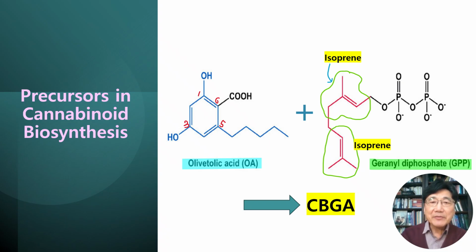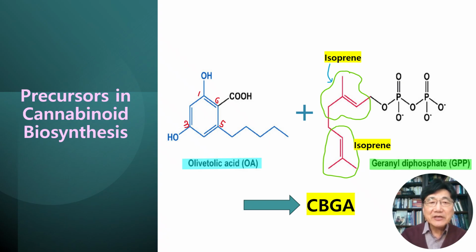Let's look at the chemical structure of two major precursors. Olivetolic acid is a phenol compound, and it has a benzene ring with two hydroxyl groups, one carboxyl group, and a pentyl chain at the position of carbon 5.